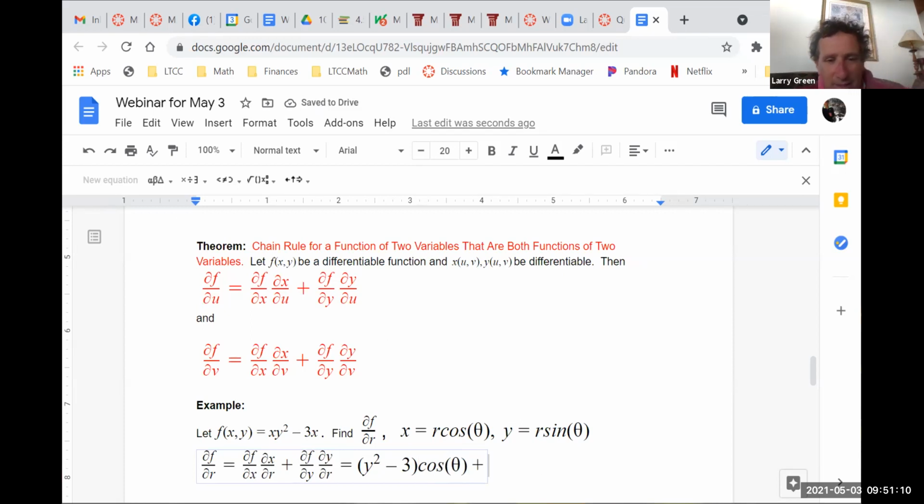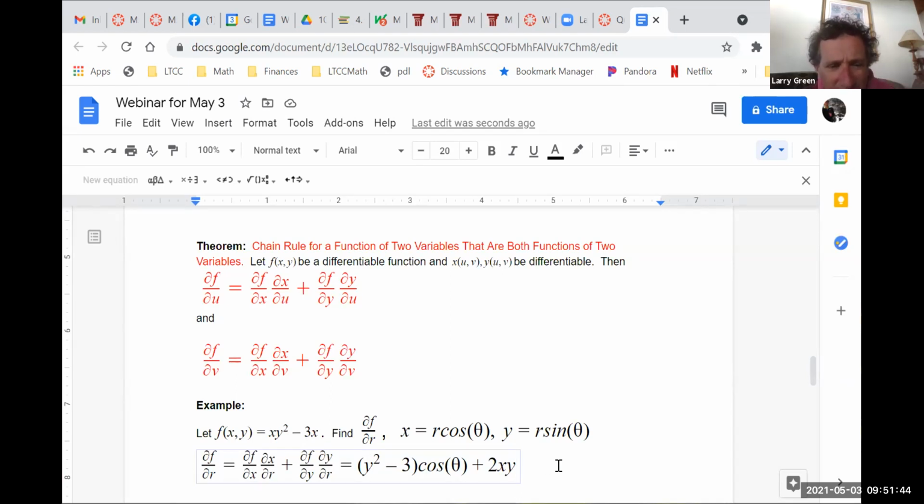What's del f del y? A little more than 2x. It's 2xy, because the derivative of y squared is 2y. x is a constant, so you get 2y times x, or 2xy.